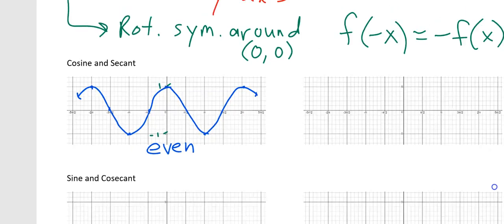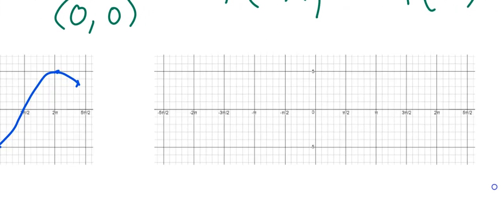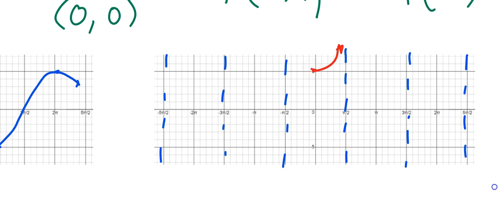What about the secant? Well, we know that every time you crossed one of those x-axis points, you were going to get one of those asymptotes. Every odd integer multiple of, and then we could graph this and stay with me.